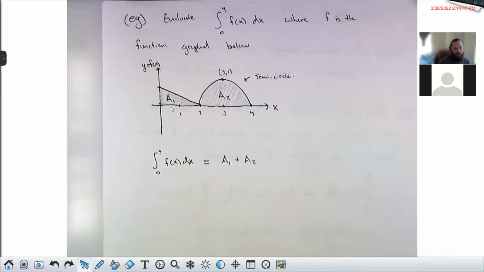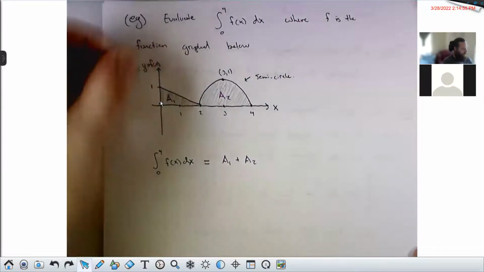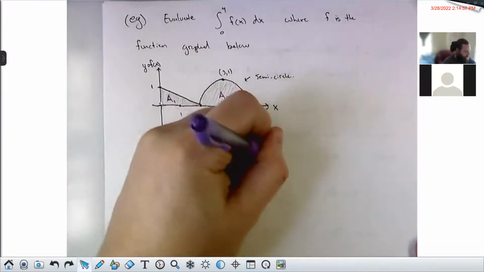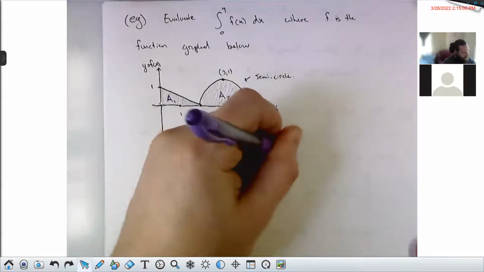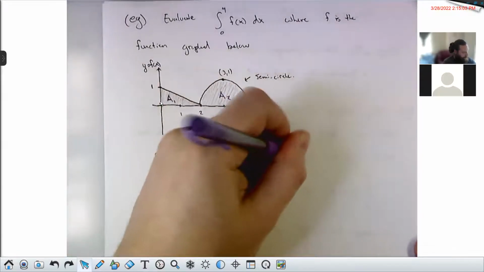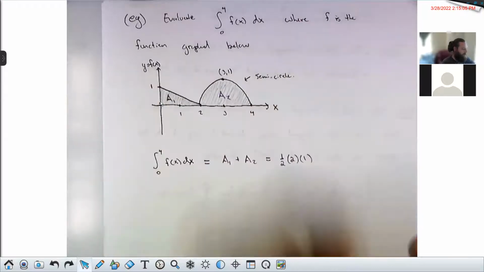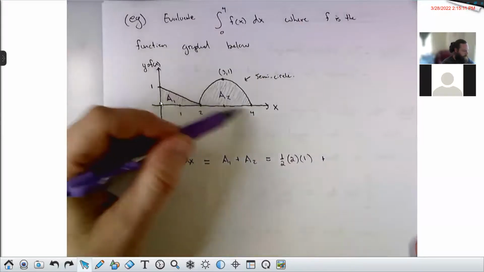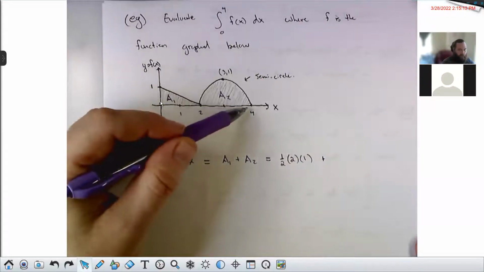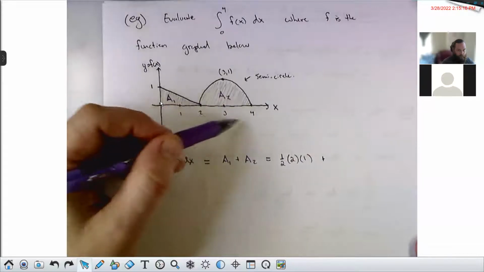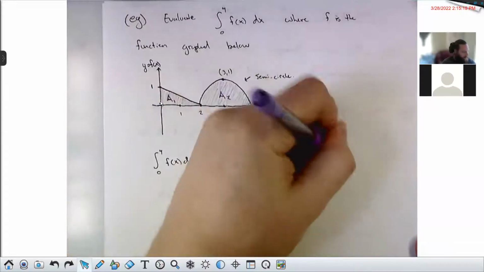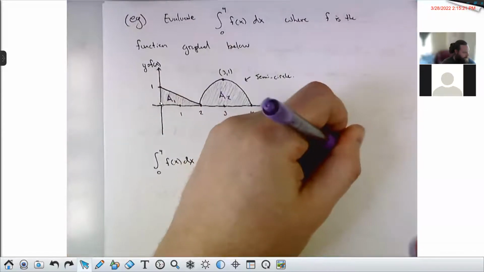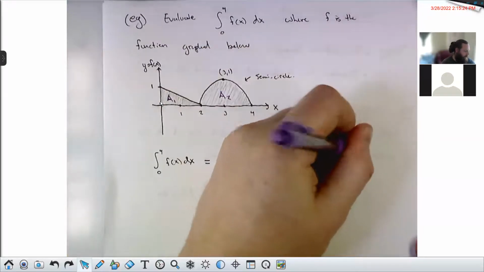So A1 is the area of this triangle whose base is 2 and whose height, I didn't label that here, the height here is 1. So A1 is 1/2 the base, which is 2, times the height, which is 1, because this is a triangle. And A2 is 1/2 the area of a circle of radius 1, right? This is a semicircle of radius 1. So the area of a circle is pi r squared. So this would be 1/2 pi times that radius, which is 1 squared.